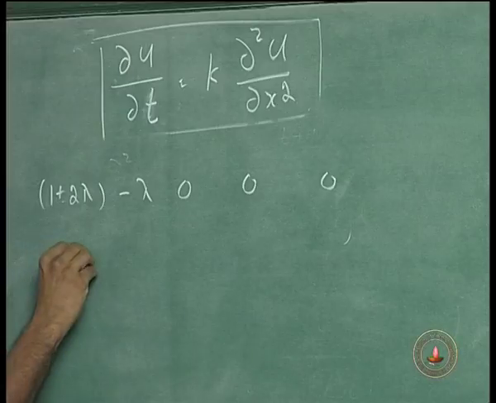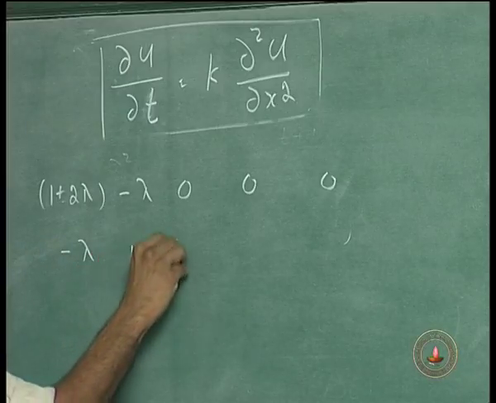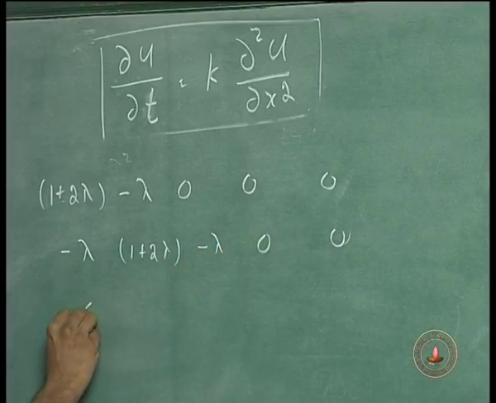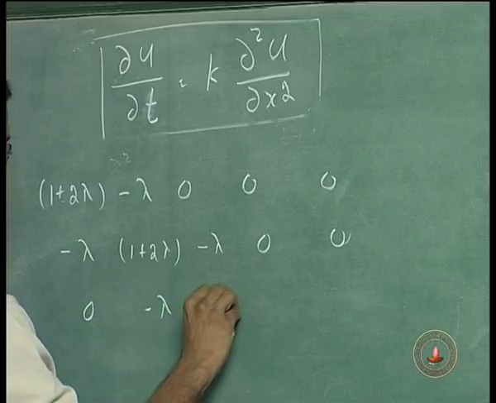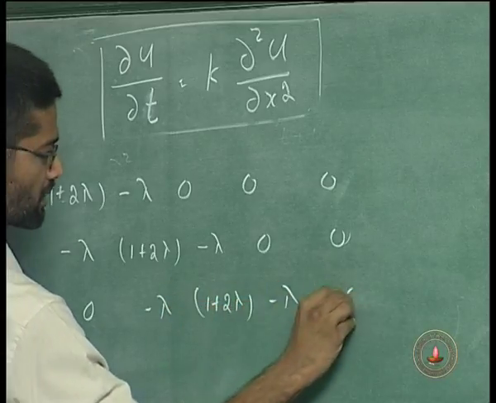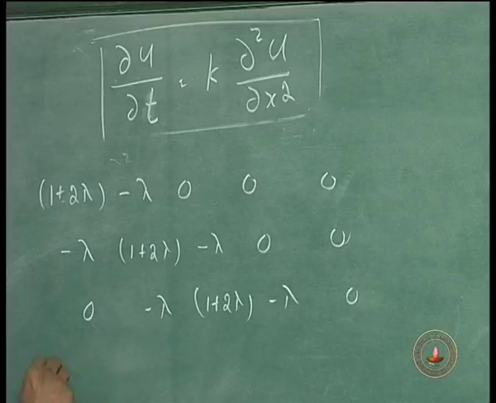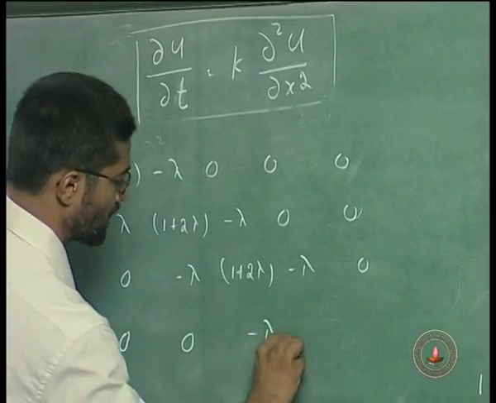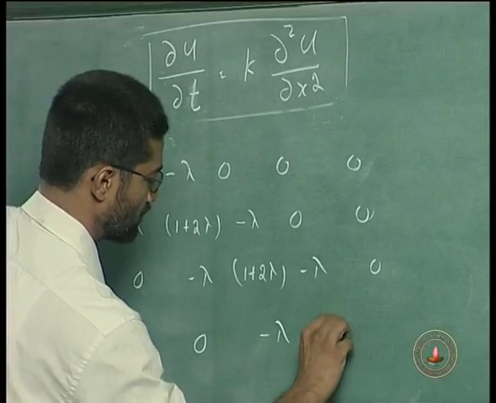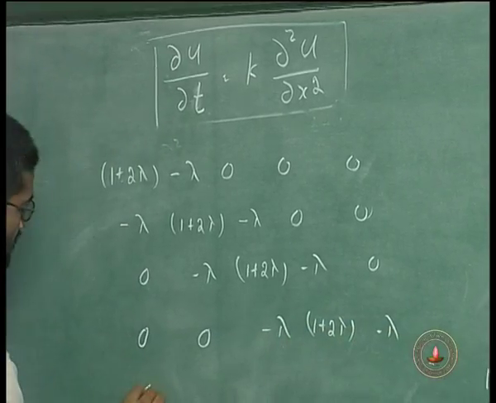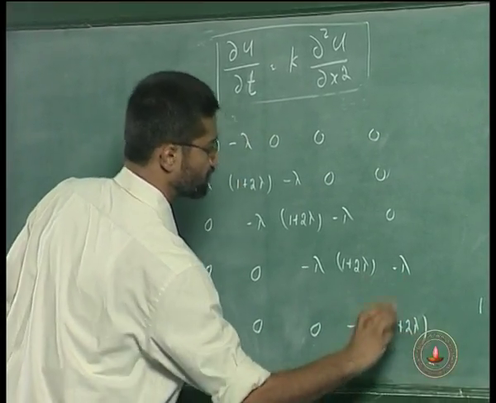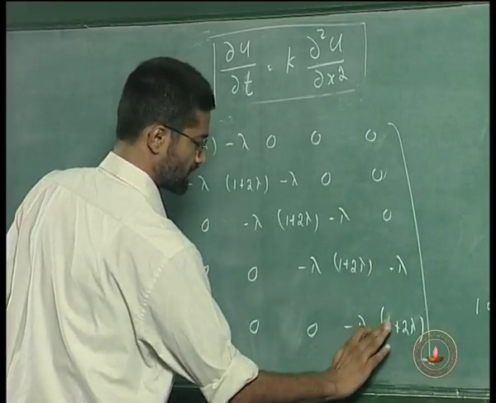The next one would be minus lambda, 1 plus 2 lambda, minus lambda, 0 0, and then 0, minus lambda, 1 plus 2 lambda, minus lambda, 0, etc. Until the last point, I will write all of it: 0 0 minus lambda, 1 plus 2 lambda, minus lambda, and then 0 0 0 minus lambda, 1 plus 2 lambda. So, that is our matrix.